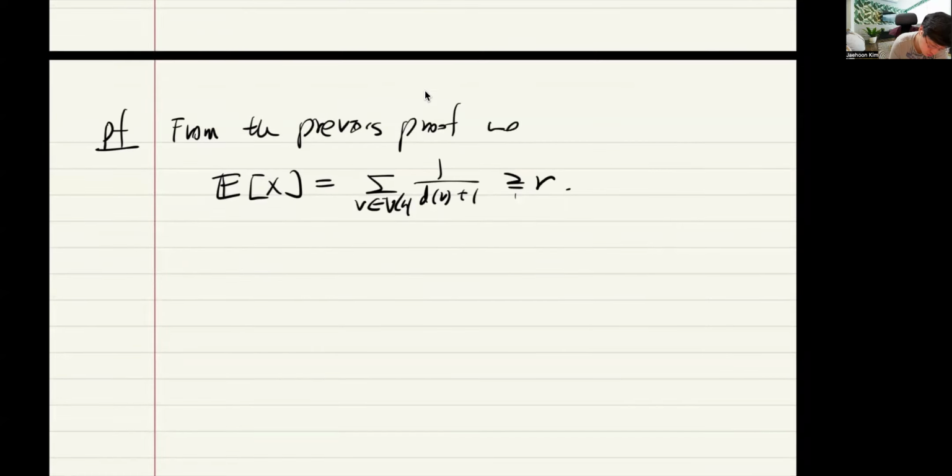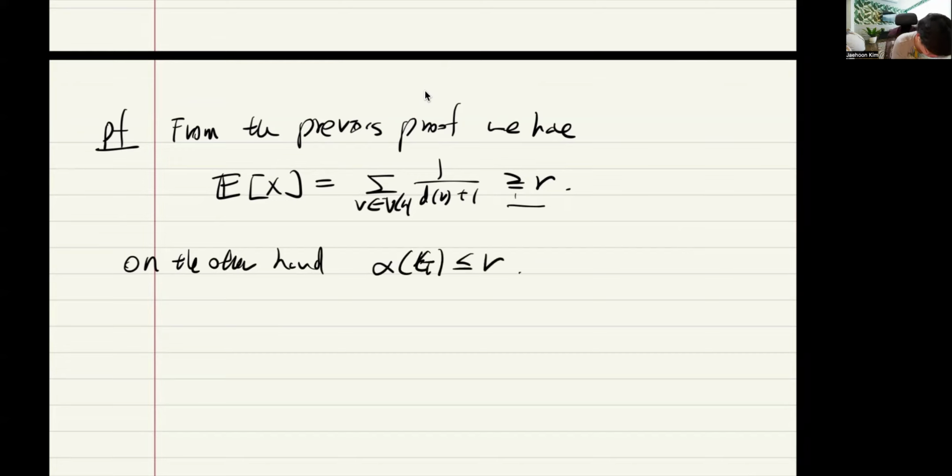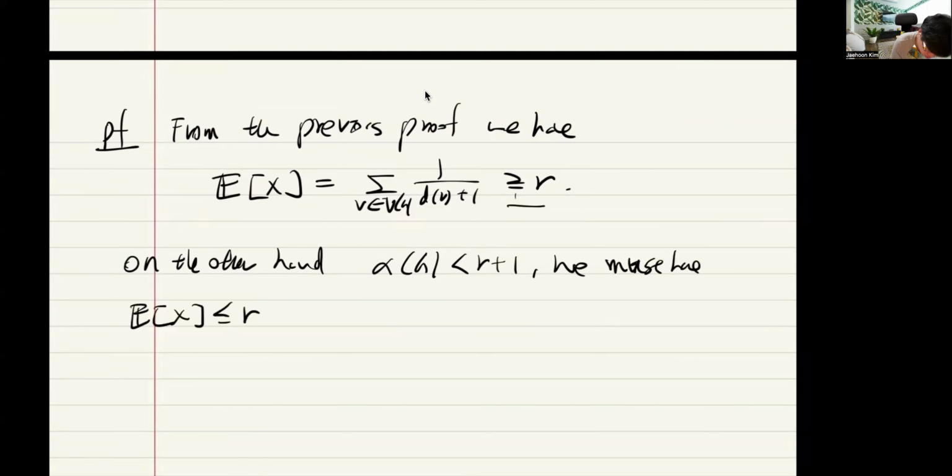So now you have this. On the other hand, we know that G has independence number r, so it doesn't have an independent set of size bigger than r. We must have this expectation being at most r. So that means this is actually equality.